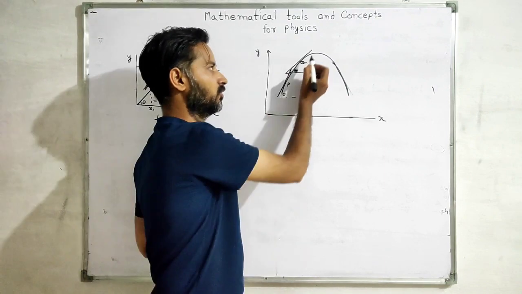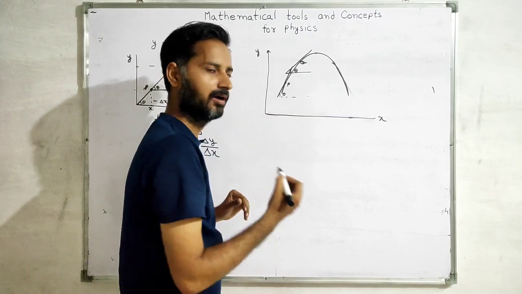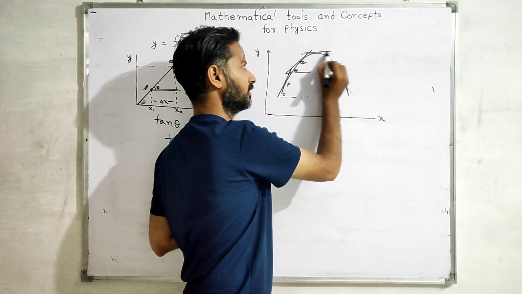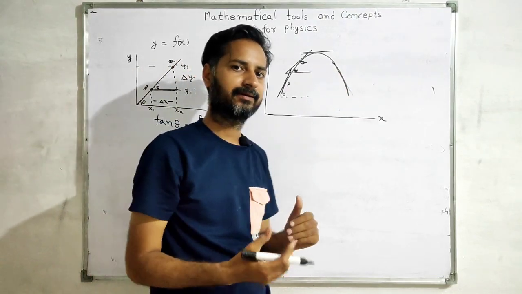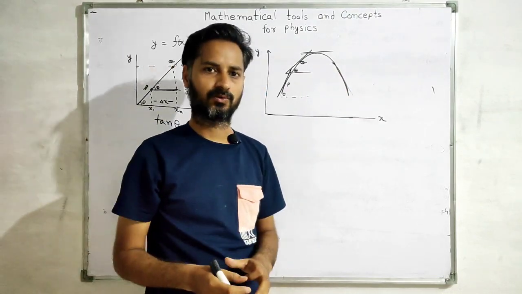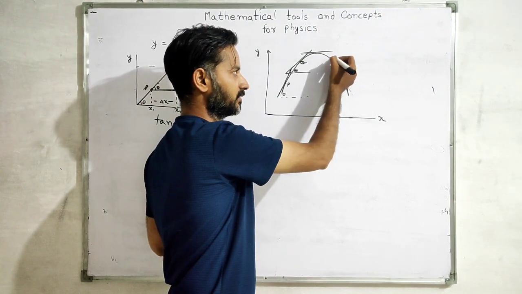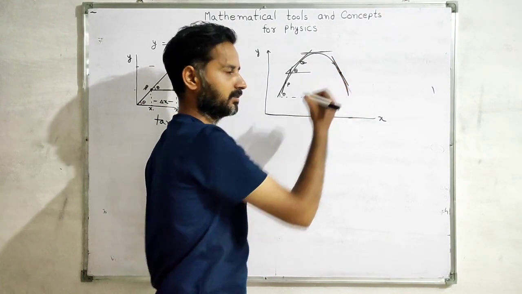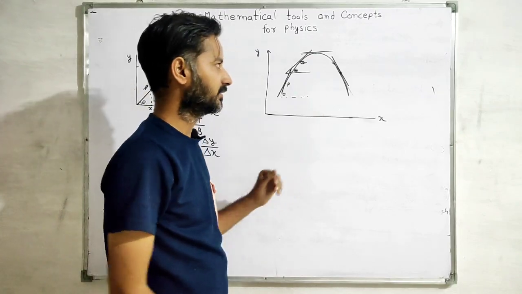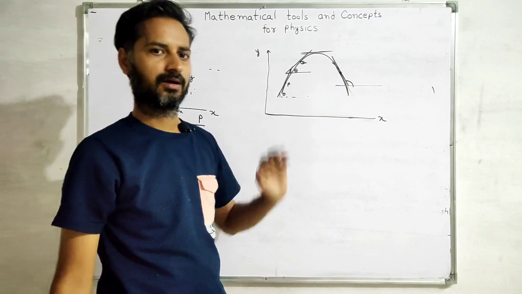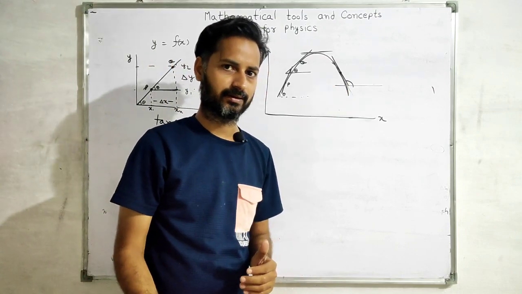If I want the slope here, then I will draw another tangent which will be this. Here you can clearly see that theta is 0, and if I want the slope here, then I will draw a tangent here and I get this theta, which is more than 90 degrees.